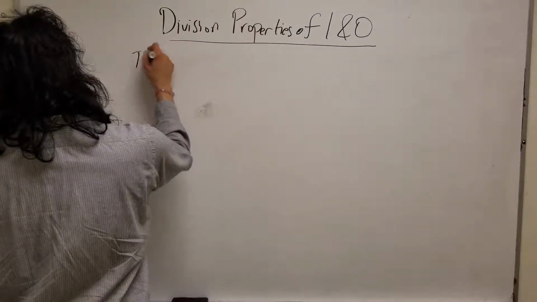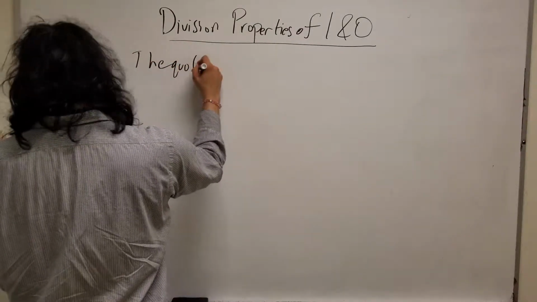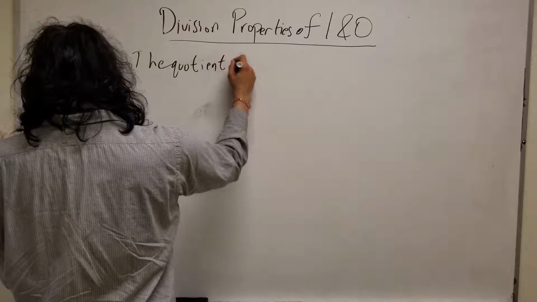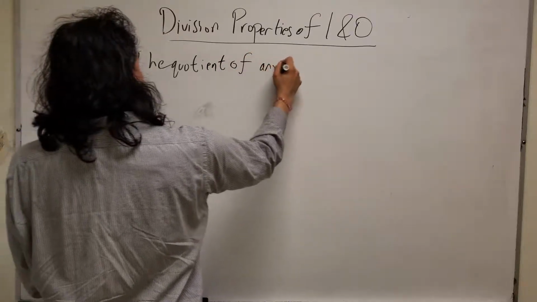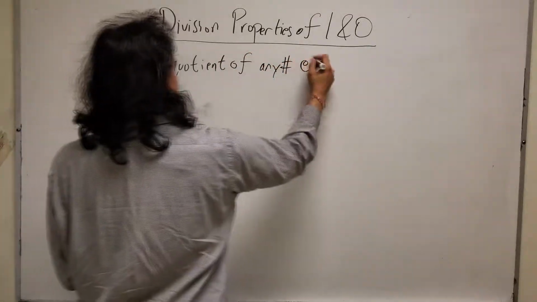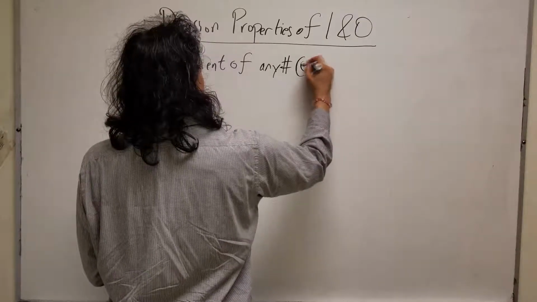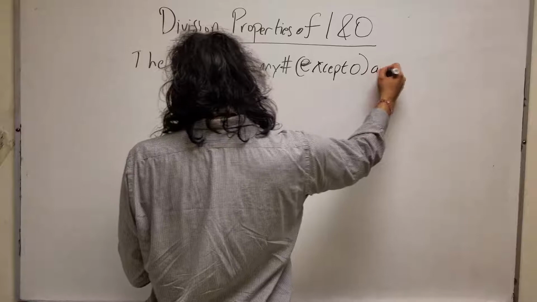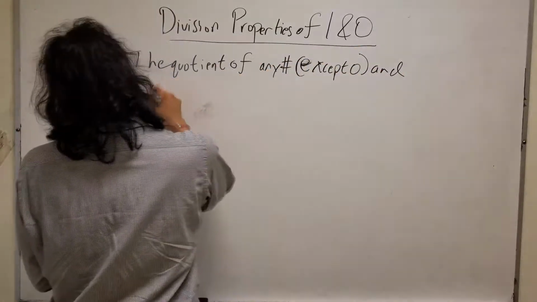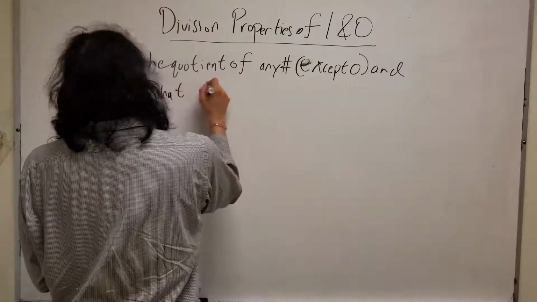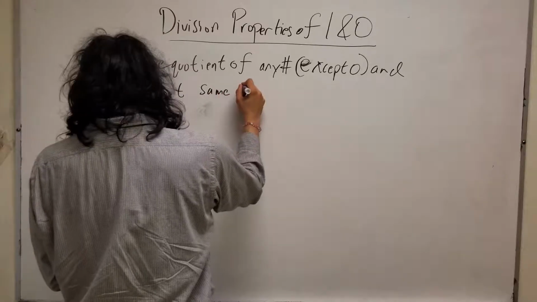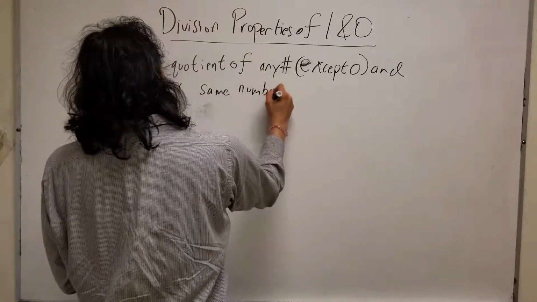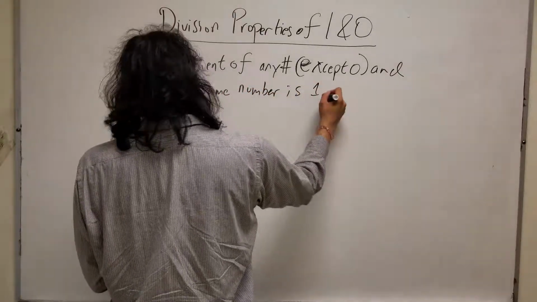So for the first one, the quotient of any number except 0 and that same number is 1.